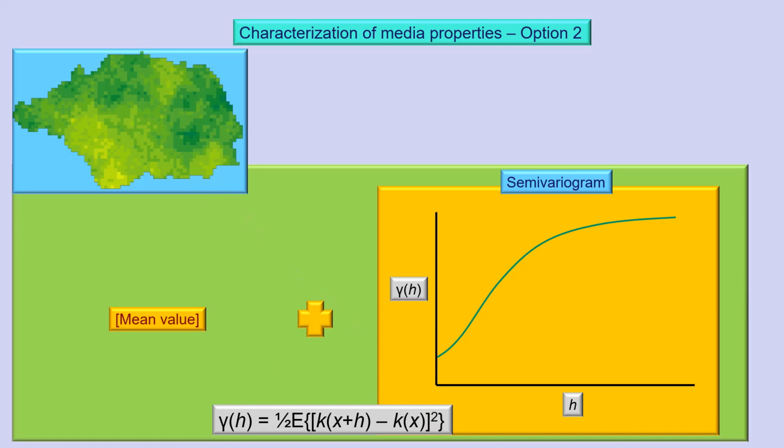Once again, we maintain a fundamental assumption that makes all of this doable, that the statistical interrelatedness between the properties at any 2 points is a function only of the distance between them.